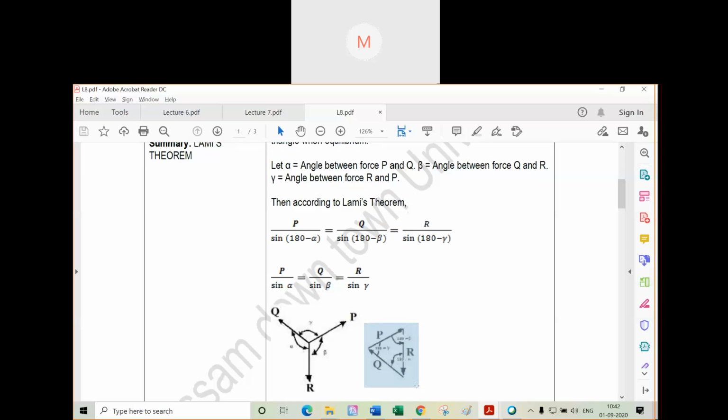Now you all know, if we write in this manner, then as per Lami's theorem, now look, the angle between P and Q is alpha.